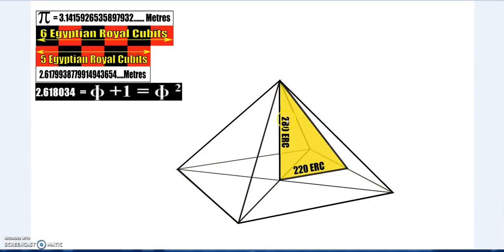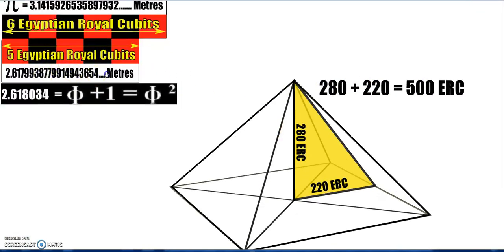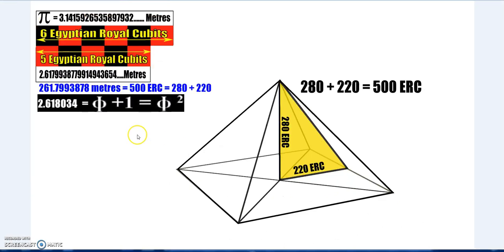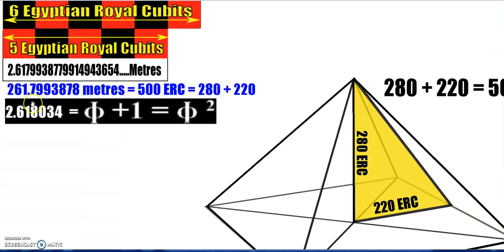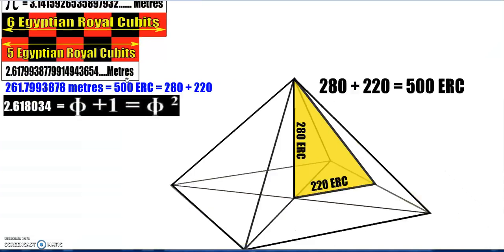So this right angle triangle leads to a nice phi and pi ratio, but 280 Egyptian Royal Cubits high, 220 Egyptian Royal Cubits half base. So 280 plus 220 is 500 Egyptian Royal Cubits. 5 Egyptian Royal Cubits, so it's just that same number times 100.